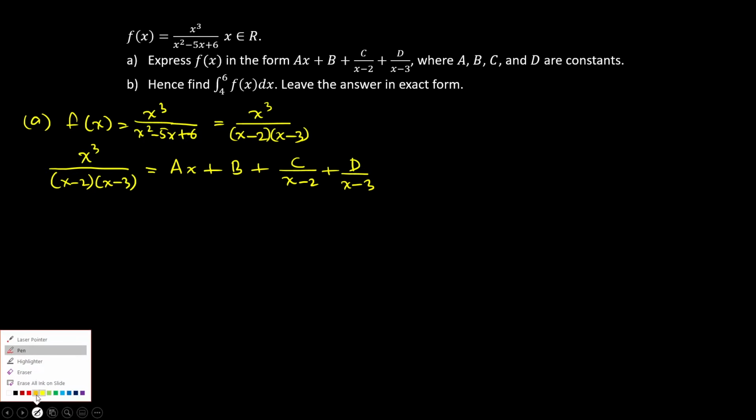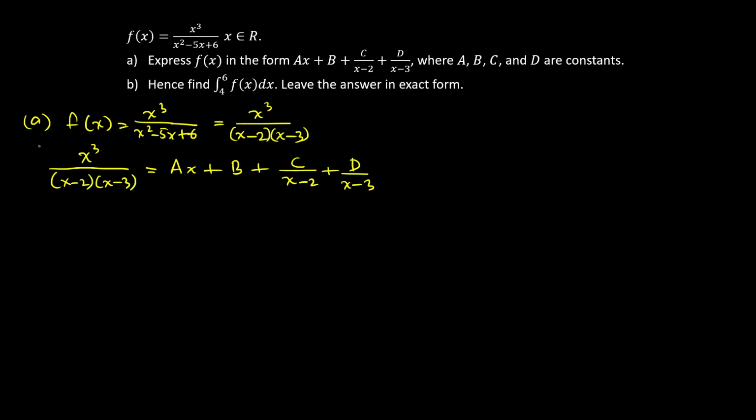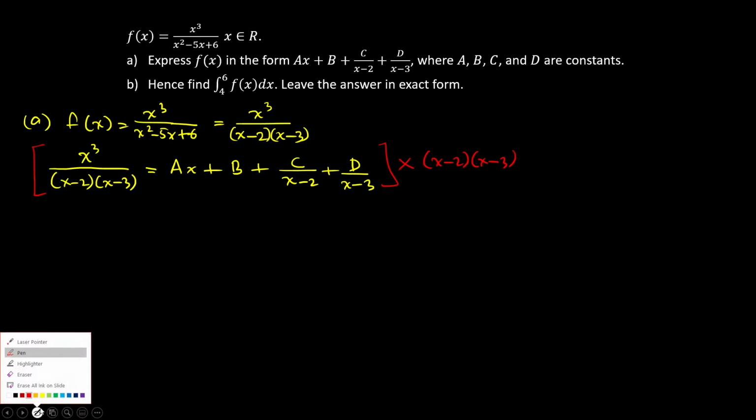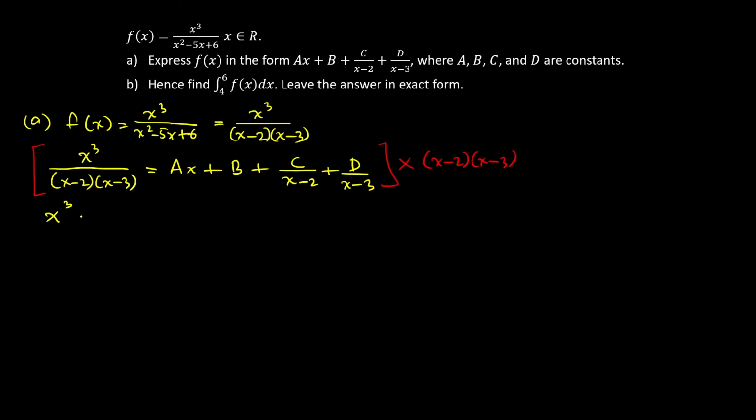The second step that we need to do is to multiply the whole thing here by x minus 2 times x minus 3. The reason is that we want to get rid of the denominator on the left side of the equal sign, so that will yield x cubed on the left.